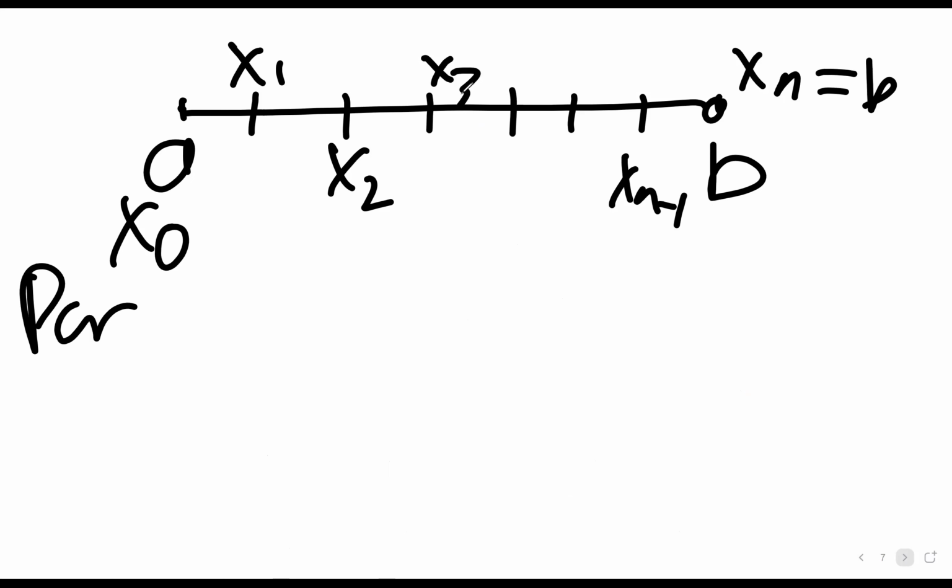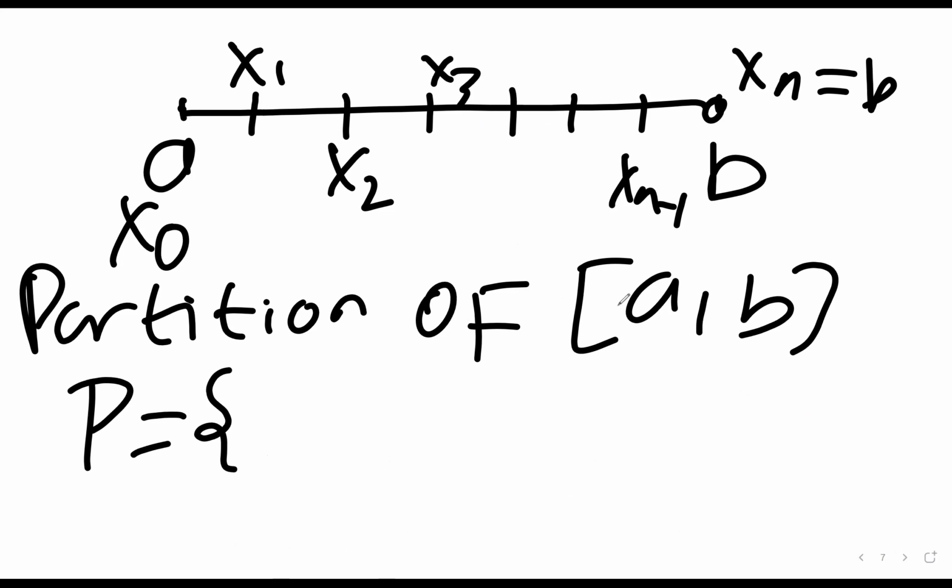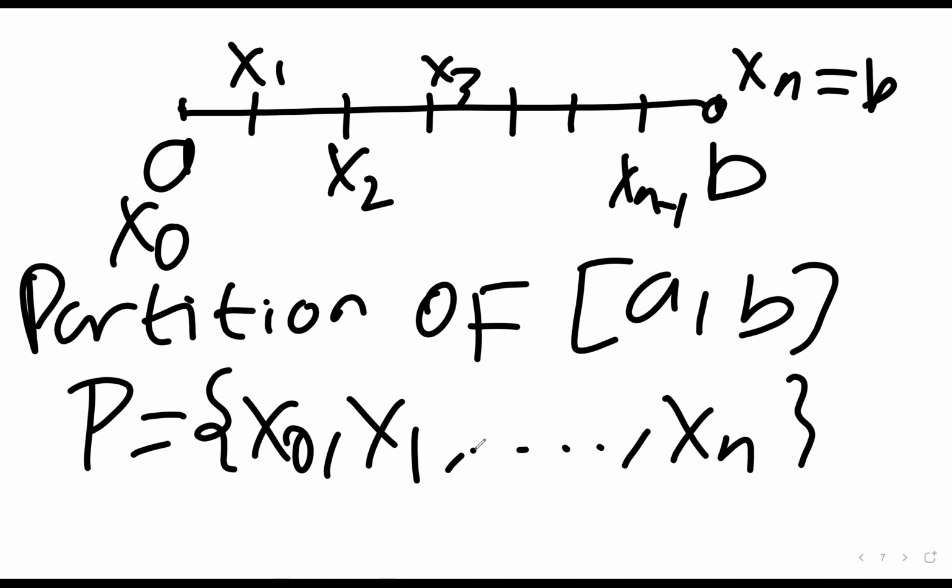A partition of the interval [a, b] is the set P of the endpoints of the subintervals, let's say x0, x1, until xn. So for the partition here, we have n subintervals. Of course, the lengths of the subintervals can be different.